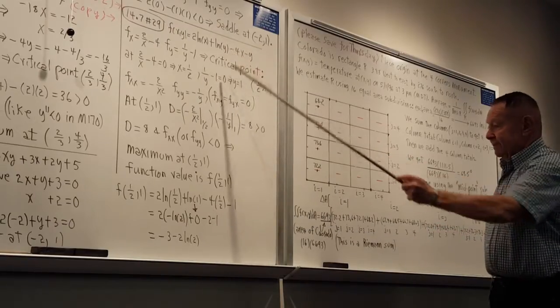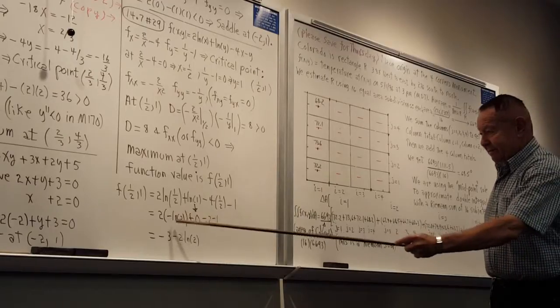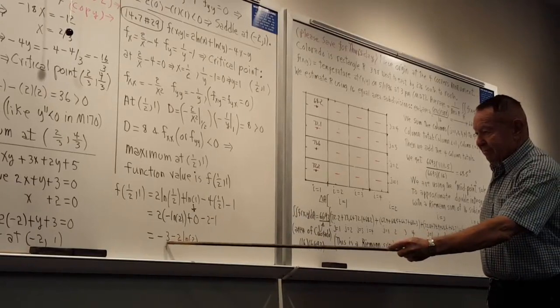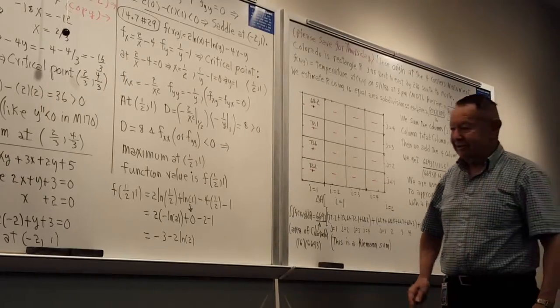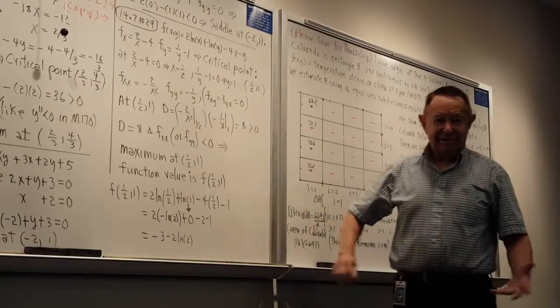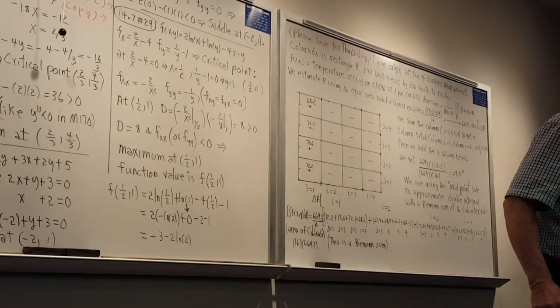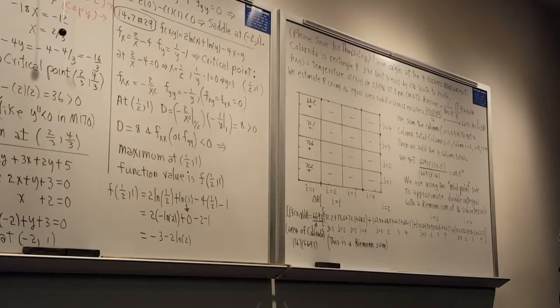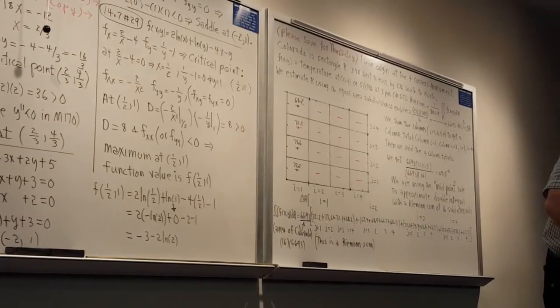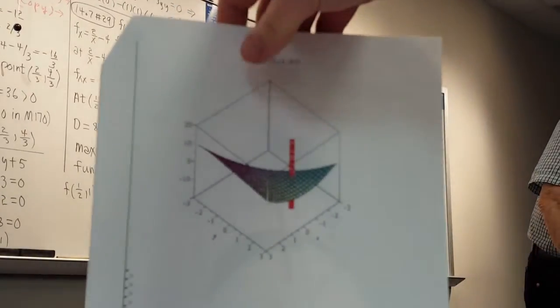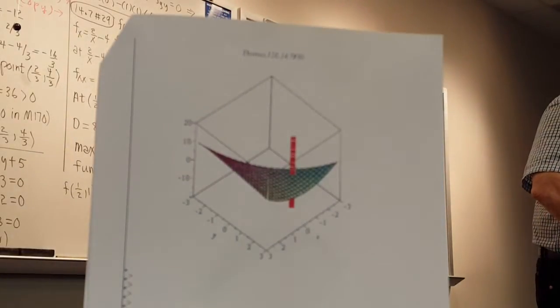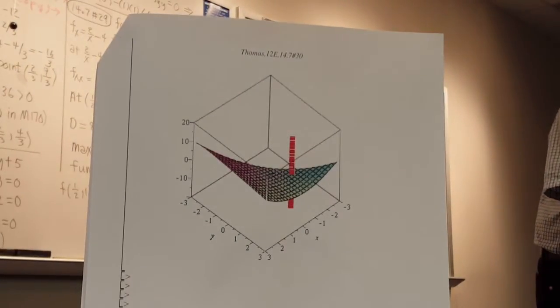Remember, log of 1 is 0, and so your maximum is a negative number, but it's the least negative, so it's like minus 1 is greater than minus 2, and so on. And I think we have the picture. If you look on the back of the second sheet of paper, and I also did the Maple with problem 30 in the picture for it.